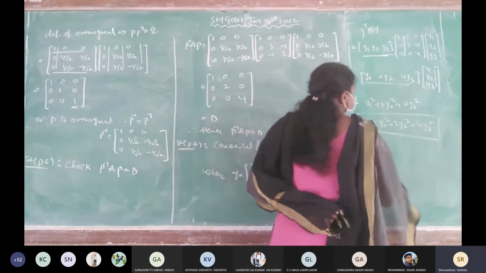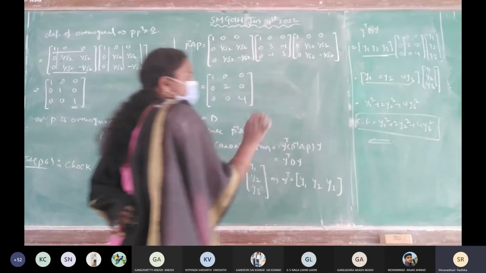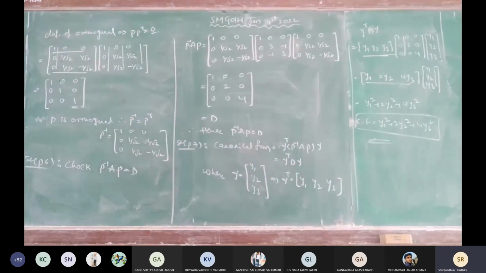This is the problem. Completed. Complete, 15 marks. Each step is minimum 2 to 3 marks. Seven twos are 14.